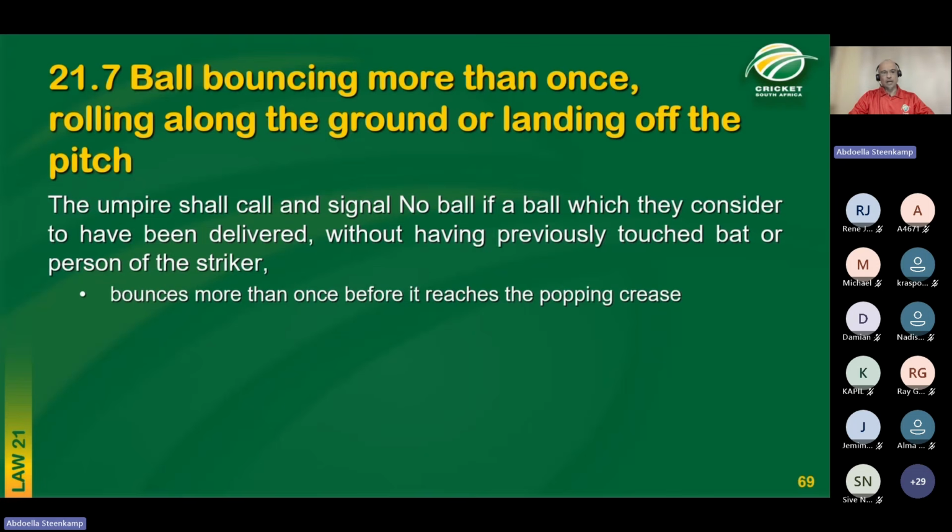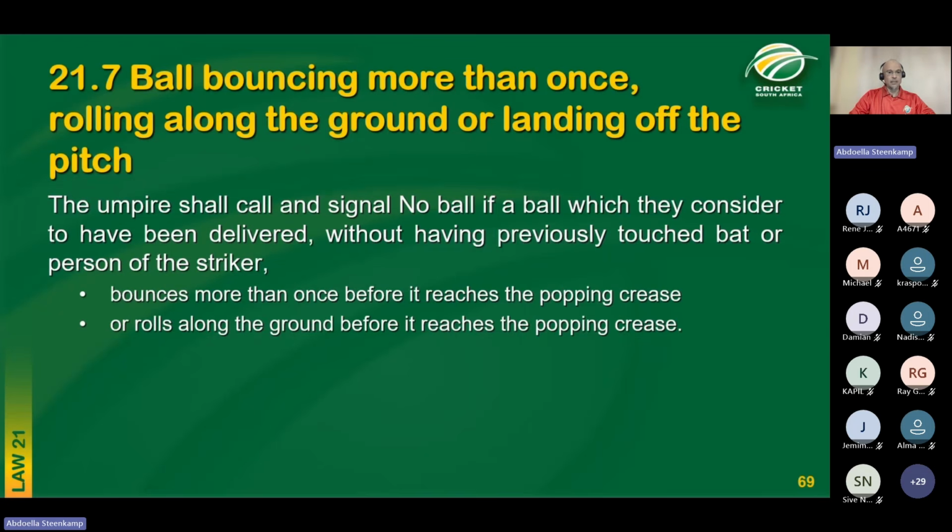Or if a ball that was delivered starts rolling along the ground towards the striker before reaching the popping crease, you need to intervene as the umpire. And how do you intervene? You intervene by calling and signaling no ball.